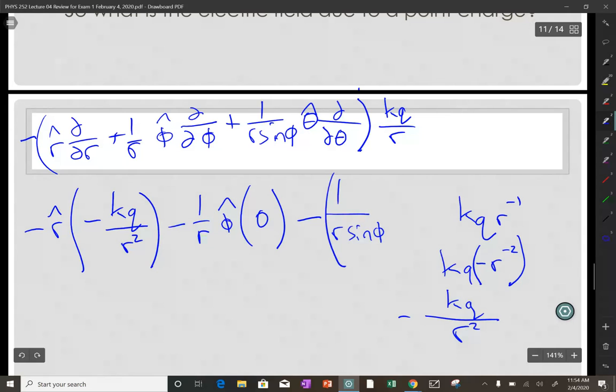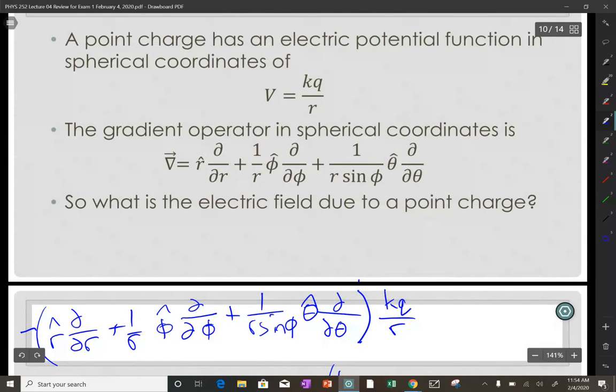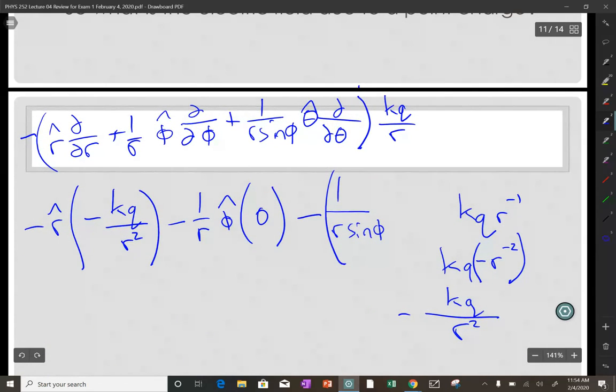So why is there a phi there? It's just what it is. I mean, you can read up on the derivation of the gradient operator in spherical coordinates, but for our purposes, that's times a constant.